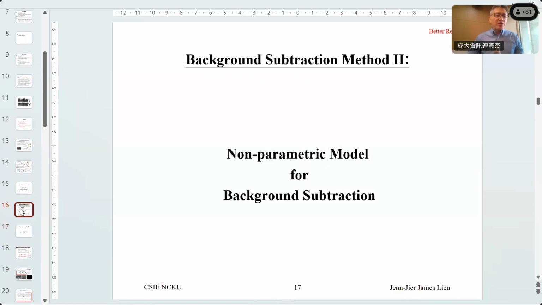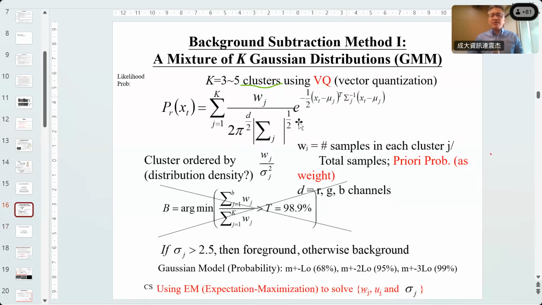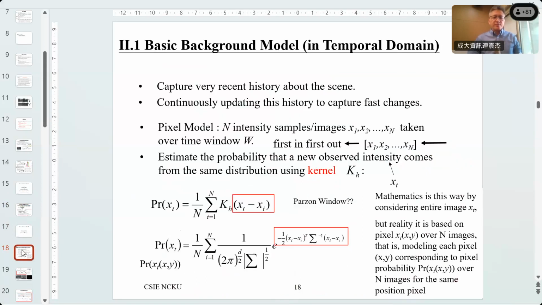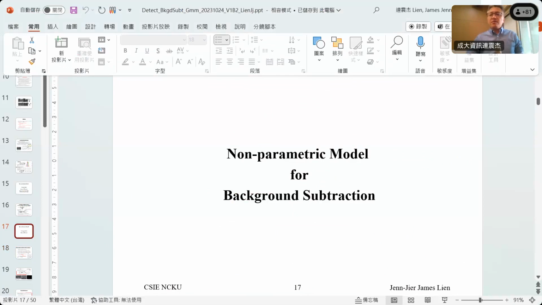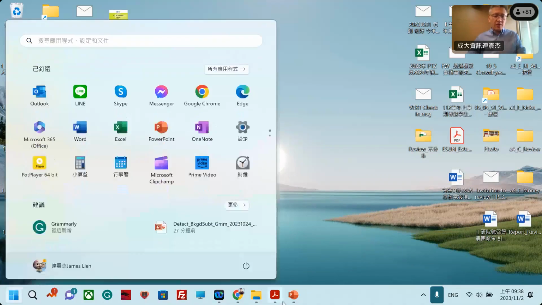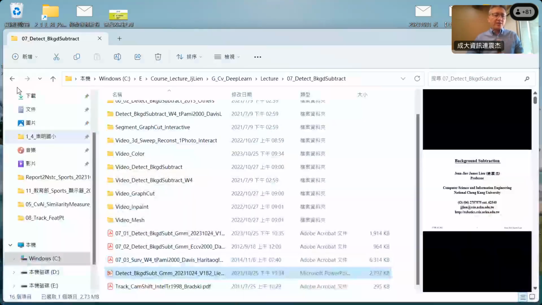And I will ask you what's the physical meaning of this one, and the physical meaning of this one, this Gaussian model. So that's one, let's say, for the Gaussian model. Later on, I will teach you about the Gaussian in the next lecture.